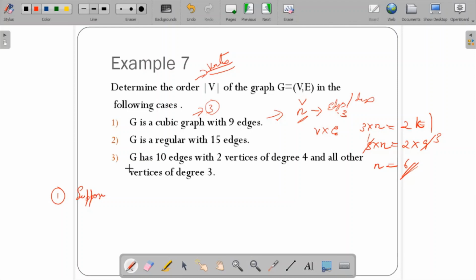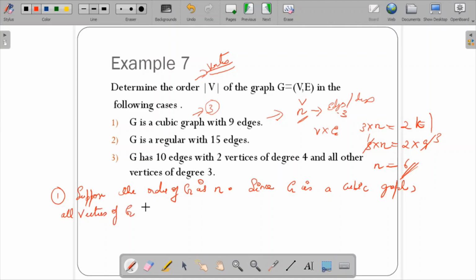Suppose the order of G is n. Since G is a cubic graph, all vertices of G have degree 3, and therefore the sum of the degrees of the vertices is 3n.